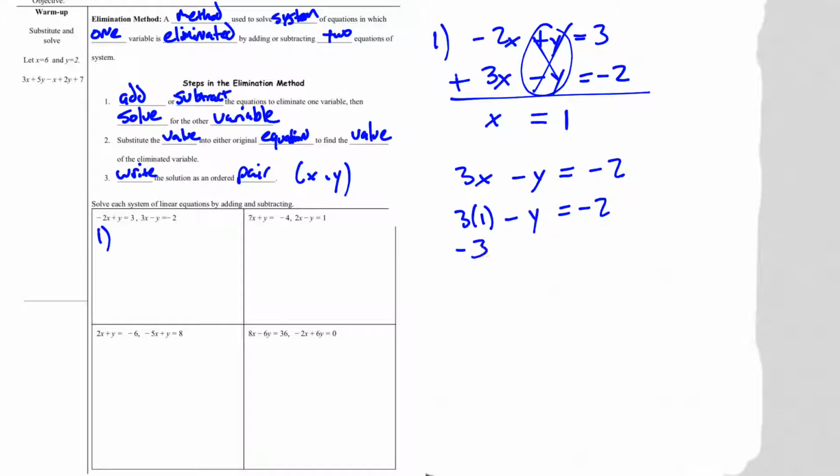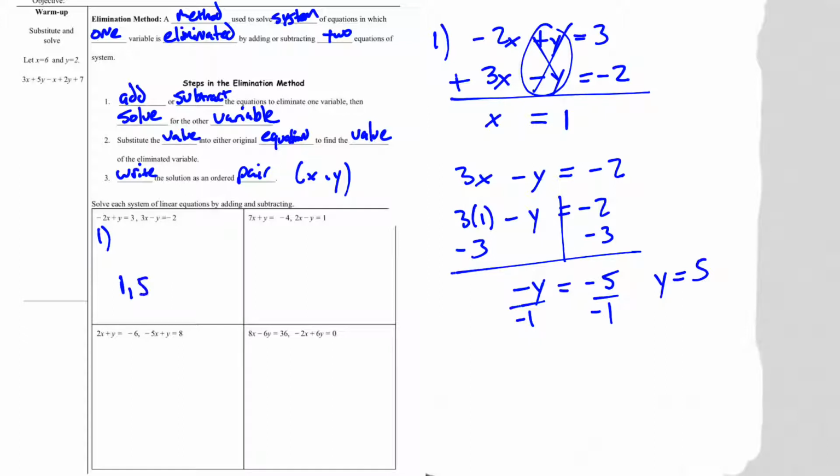If I subtract 3 from both sides, I get negative y is equal to negative 5. Then divide by negative 1, and you get y is equal to 5. So in example number 1, the solution using the elimination method was 1 and 5.